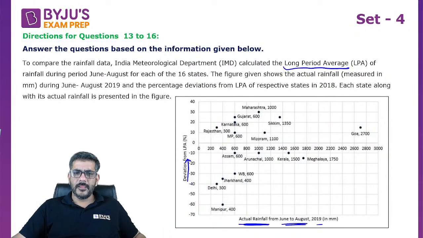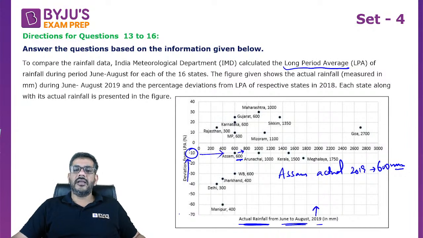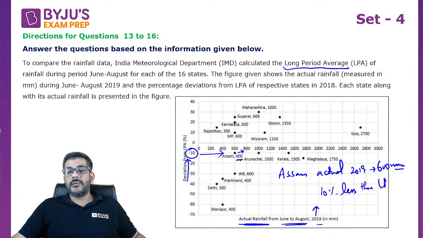For example, let's take any example, we will understand from it. Let me talk about Assam over here. This figure is giving you 600. That means the actual rainfall in 2019 in Assam is 600 mm. But on the y-axis, it is lying on minus 10%. Right? It is minus 10%. That means it is 10% less than the long period average.